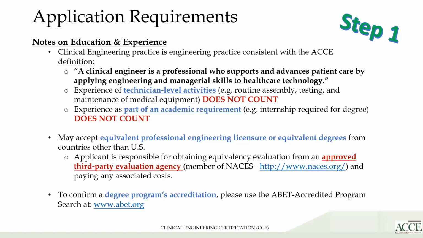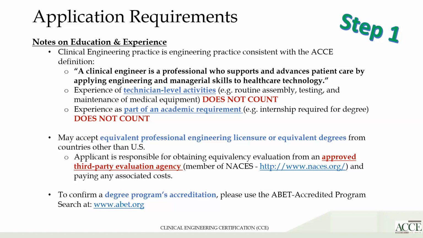And if you're an international applicant, we have a clarification here too, to just be aware that equivalent professional engineering licensure or equivalent degrees may be accepted from other countries than the US. However, if you want to go this route, the applicant is responsible for obtaining an equivalency evaluation from an approved third-party evaluation agency. They have to be a member of NACES, and the website for that is listed here.